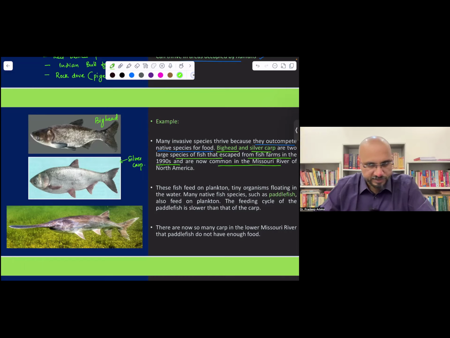So the Missouri flows into the Gulf of Mexico. These fish feed on plankton, the tiny organisms floating in the water. Phytoplankton, that is the algae, unicellular algae, cyanobacteria, and zooplankton, small animals. So many native fish species such as the paddlefish, so this is your paddlefish.